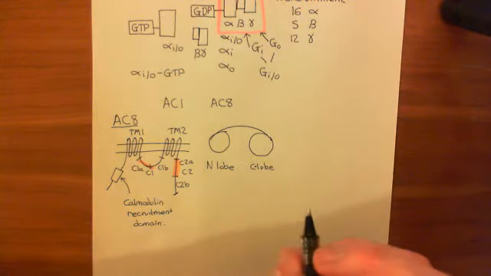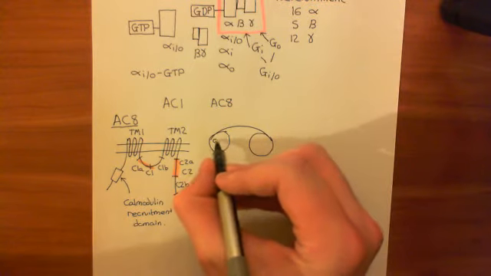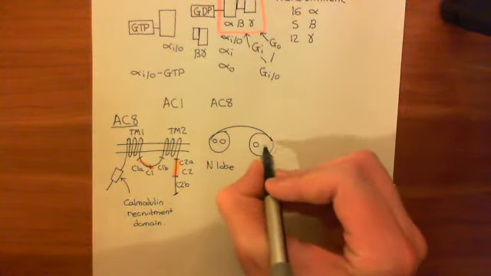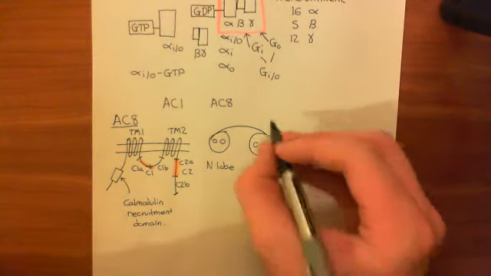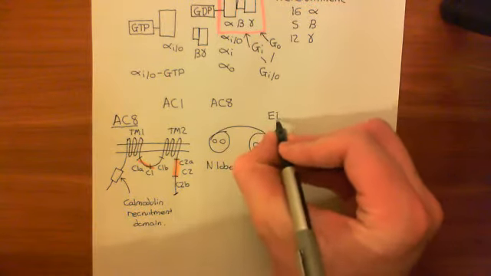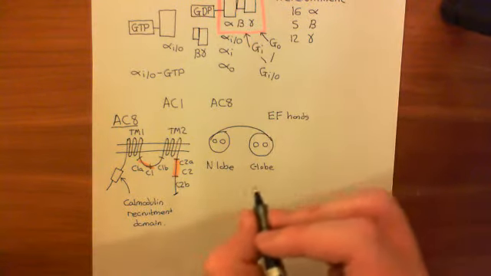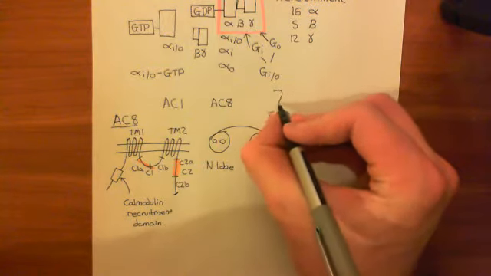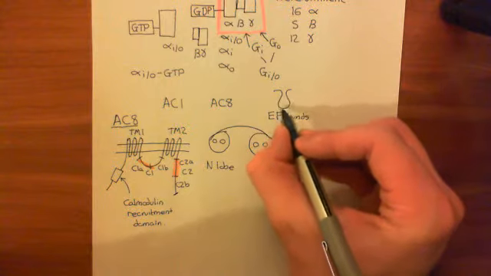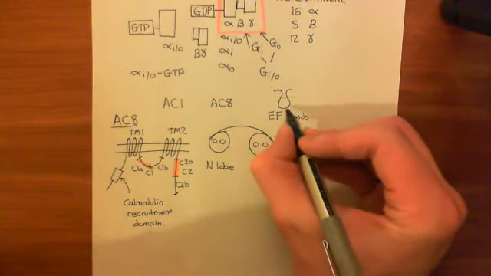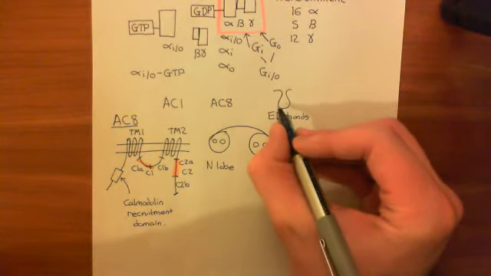Each of these 2 lobes of calmodulin has 2 binding sites for calcium. Here they are. These calcium binding sites are what are known as EF hand domains, which is just a very specific shape of a polypeptide that looks kind of like this. You have a loop basically like that. The amino acids in this portion of the polypeptide that makes up this loop are all acidic amino acids, which means that they donate protons.